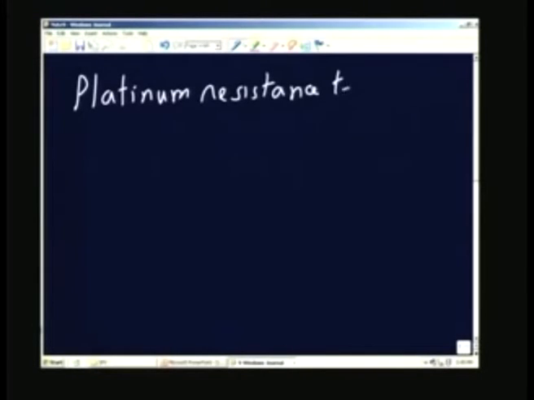What we will do is we will define what is called a platinum resistance thermometer scale, platinum resistance temperature, which we call as T subscript PT. Okay. This I will define as a linear scale.